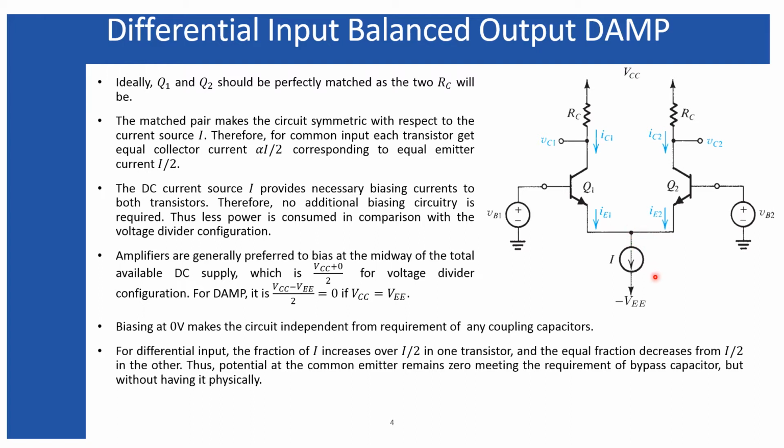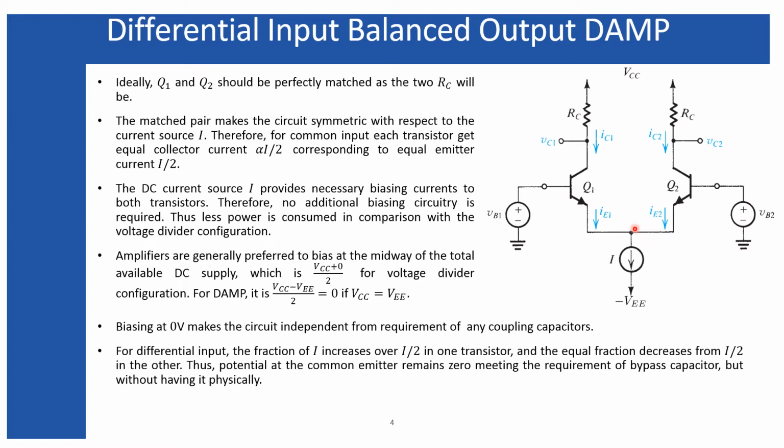And the 0 potential virtually represents that this terminal is connected with the ground when the operation is AC, meaning the differential operation we are considering. Such a configuration avoids connecting any bypass capacitor, which we required for the voltage divider biasing.